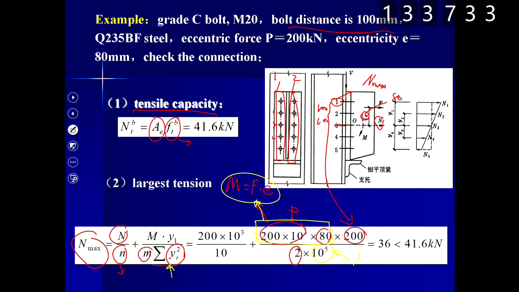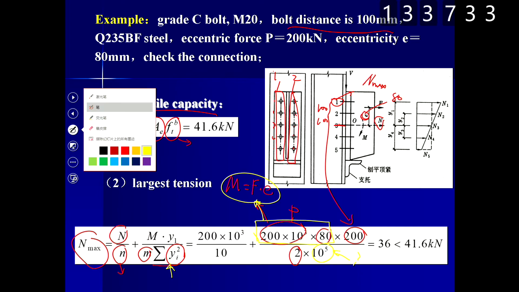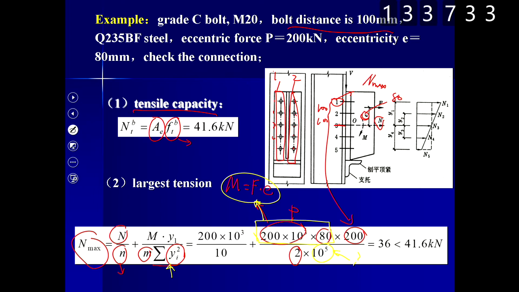You can see y1 equal to 200, squared, plus y2 equal to 100, right? 100 to the center is 100. y3 is 0, because y3 is at the center. y4 is 100, and y5 is 200.